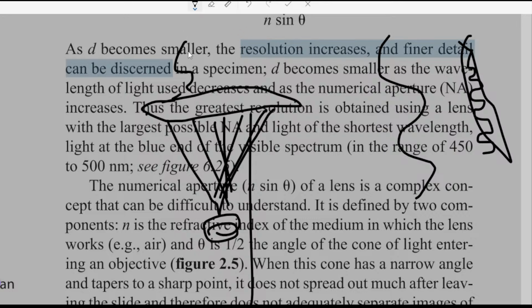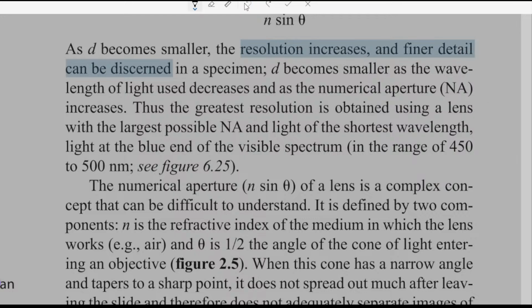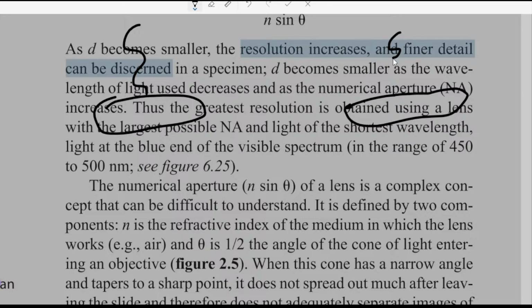So if we have the larger wavelength and the smaller wavelength, let's draw them separately. Here, this is one lens, this is another lens. This one has larger wavelength going through it, this one has smaller wavelength, which means higher frequency. So this is going to bend the light more sharply, while this one is not going to bend the light as sharply, as you can see, right?